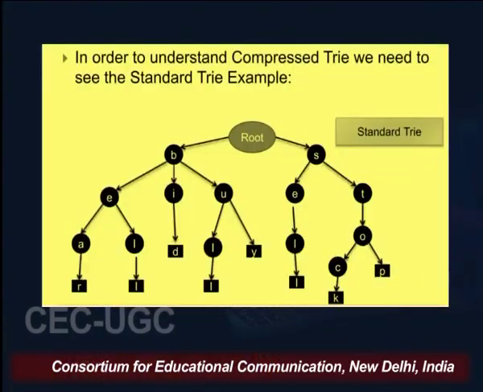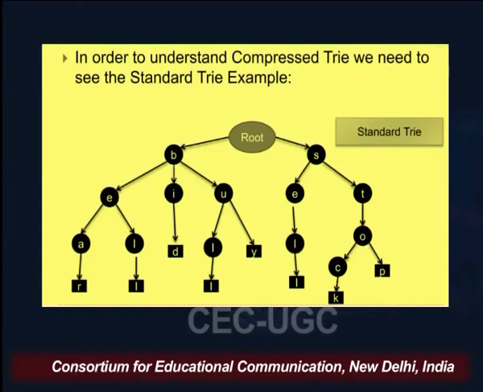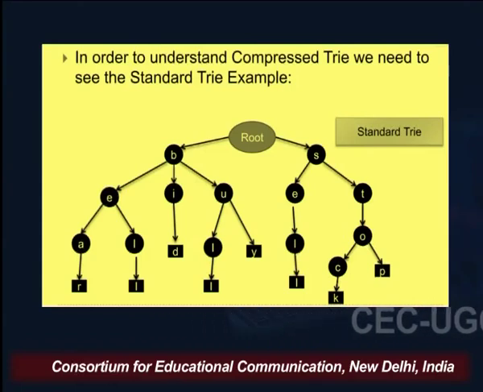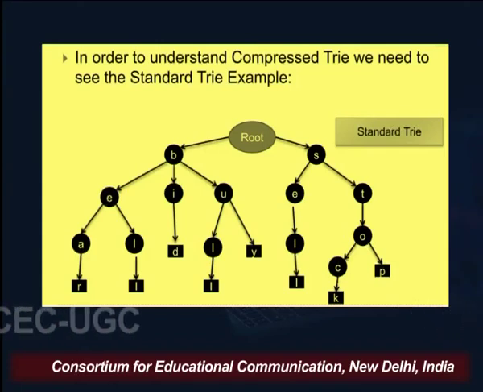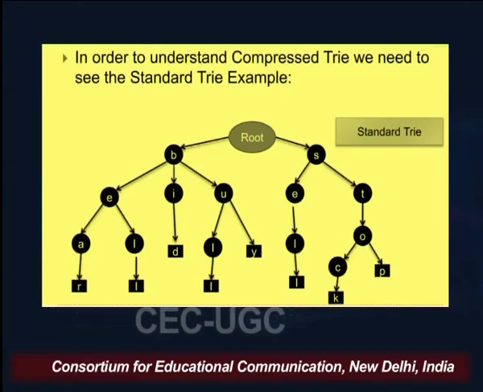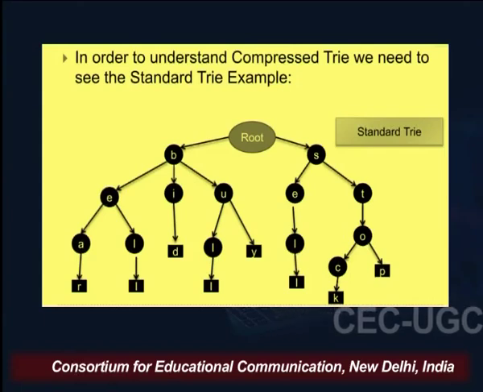One is going towards B, another one is going towards S, because the strings which are part of this string set S are either beginning with B or beginning with S. So we have beer, then we have bell, then we have bid, then we have bull and then we have buy.